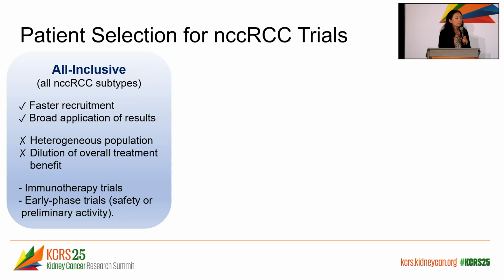However, the trial will enroll a very heterogeneous population. Also, if different subtypes respond to treatment differently, the overall treatment benefit might be diluted. This approach has been used for immunotherapy-based trials or early trials which focus on safety or preliminary efficacy.